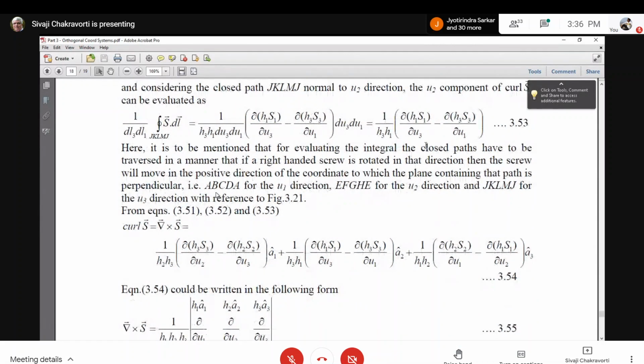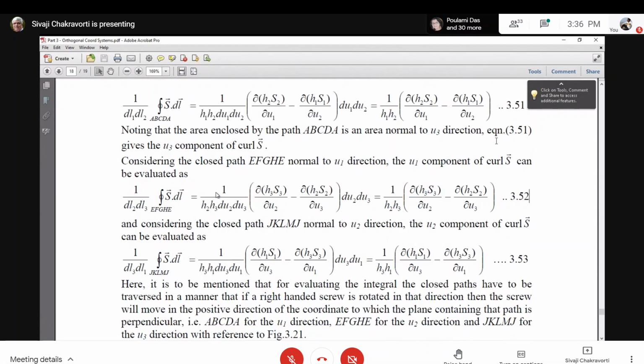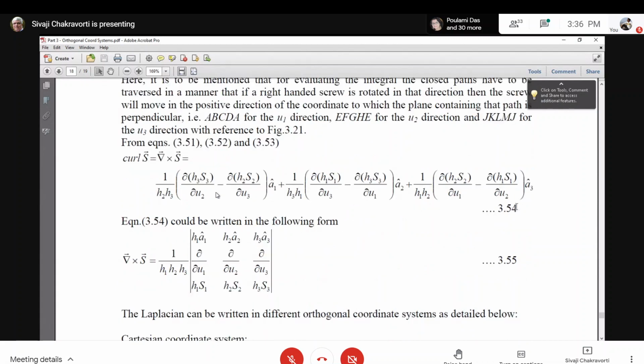Therefore, if we add the 3 components, which are 3.52 multiplied by A1, that is the unit vector, 3.53 multiplied by A2, and 3.51 with unit vector A3, that becomes 3.54.